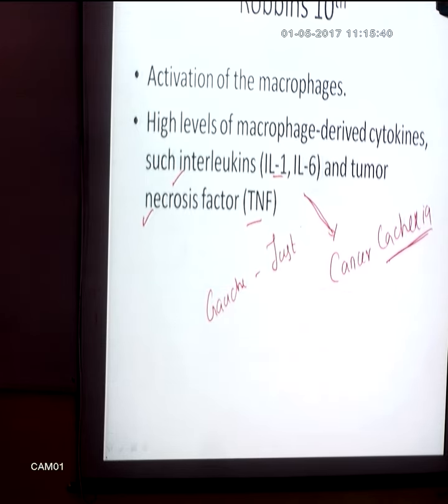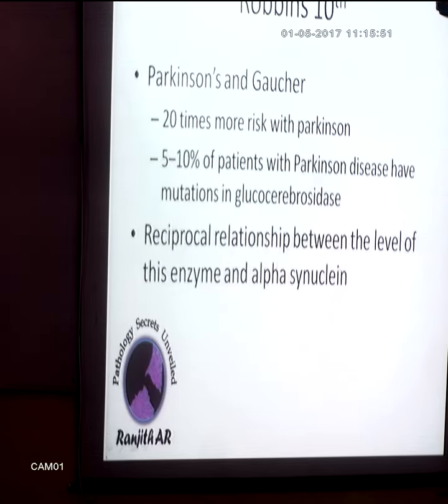So it is like a cancer cachexia, right? Wait. Don't stop with Gaucher's, continue with Gaucher's. There are three changes in Robbins 10th. Gaucher's is also said to be linked with Parkinson's. This is a very good MCQ question.